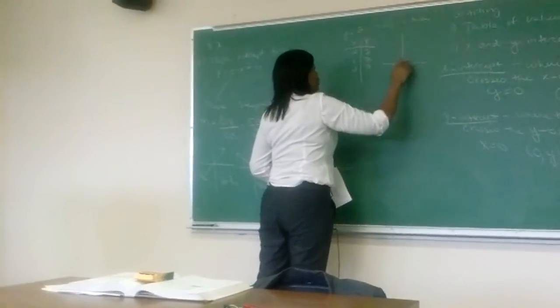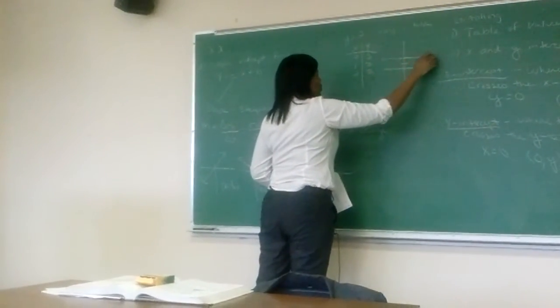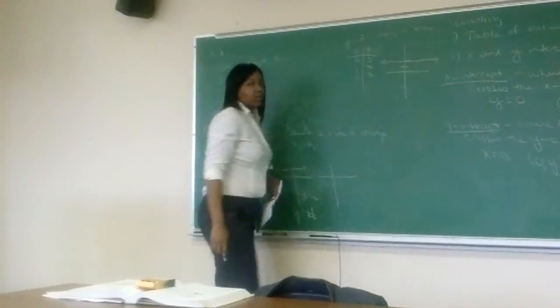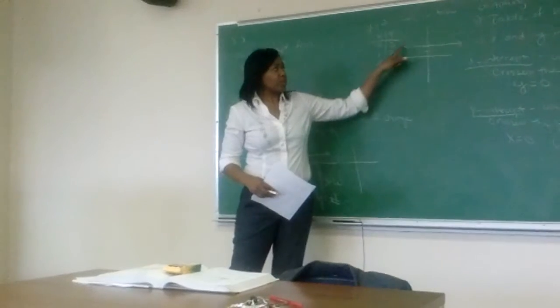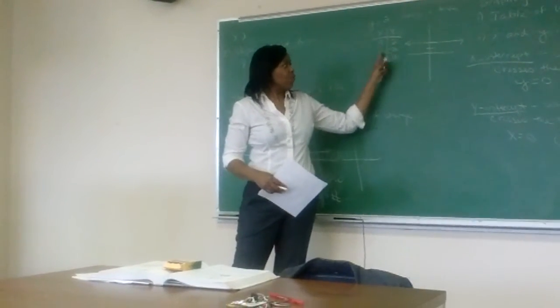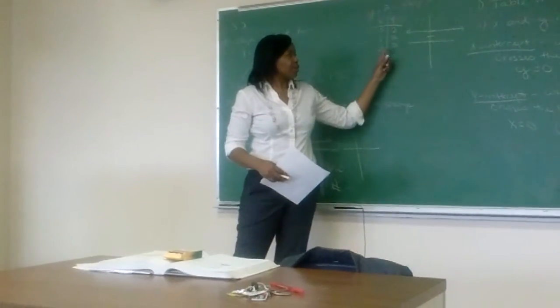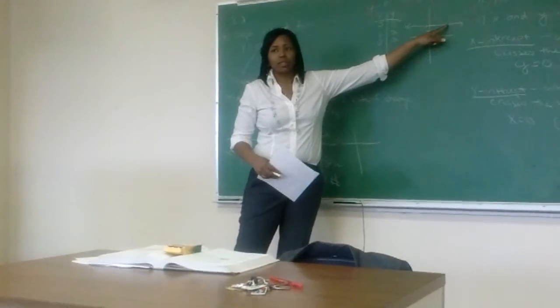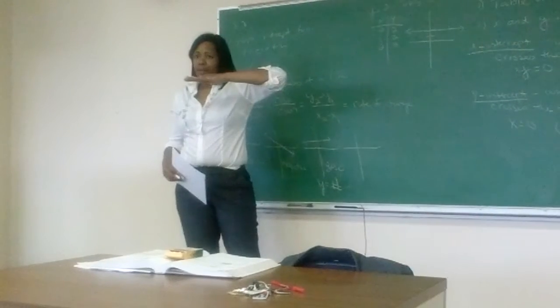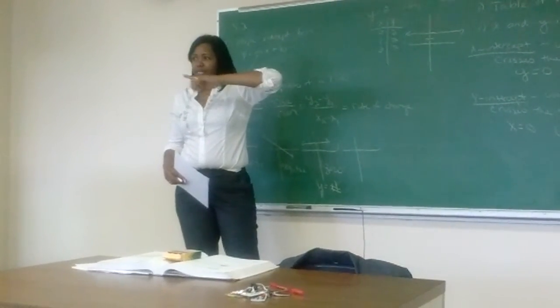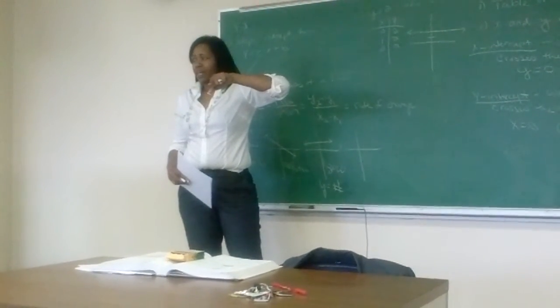So when I graph it, 0, 2 is here. 1, 2: over 1 and up 2, that's there. 2, 2: over 2 and up 2, that's there. It's on that straight line. It's a horizontal line at 2. Y equals any number is a horizontal line at whatever that number is.